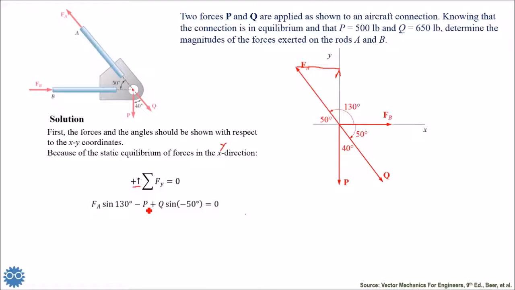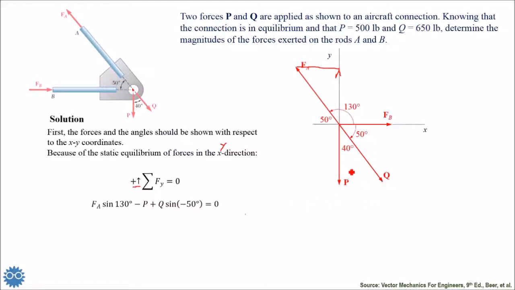If you want to do it, it's not wrong, but you should be careful that we should say plus P sine 270 or plus P sine minus 90. This is very important. Now, plus Q sine minus 50, because, as I said, this is in the direction downward.